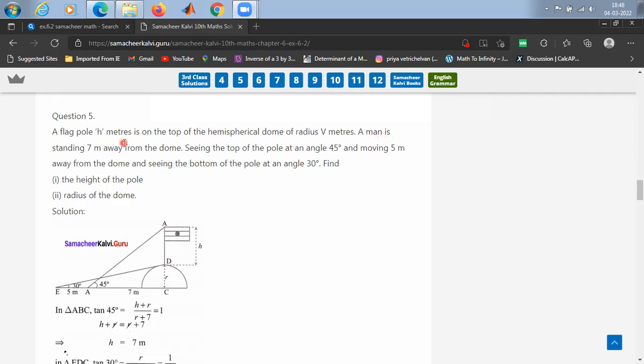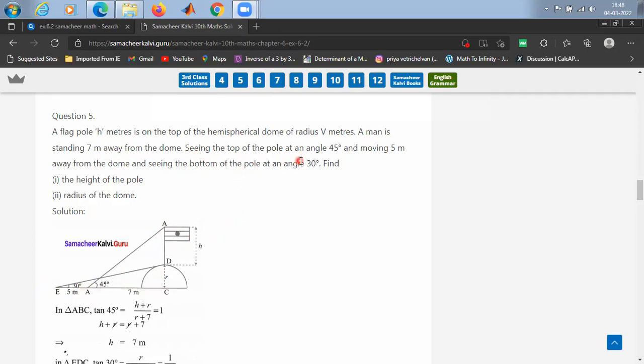A man standing 7 meters away from the dome. Assume he is standing at the point E, 7 meters away, which means the distance between the foot of the dome and the foot of the man is 7 meters.